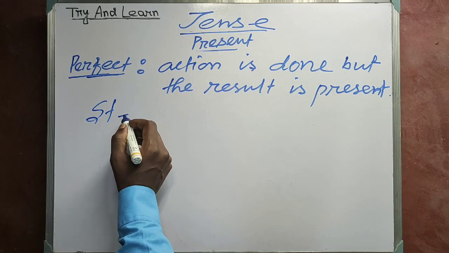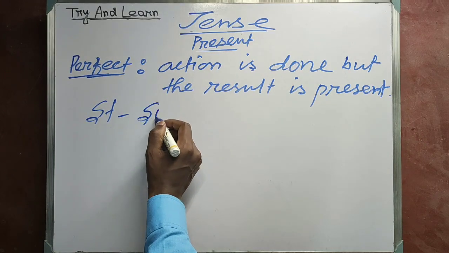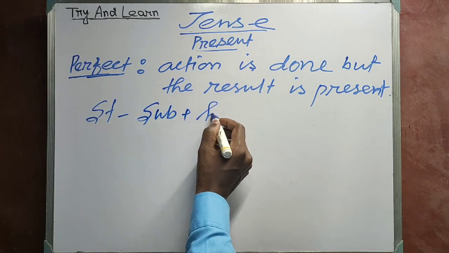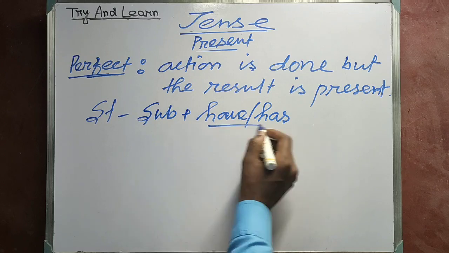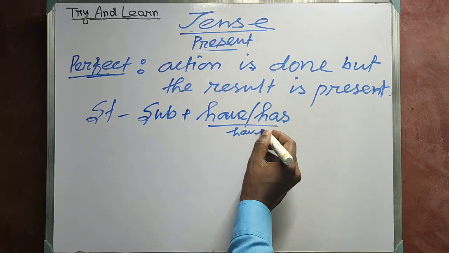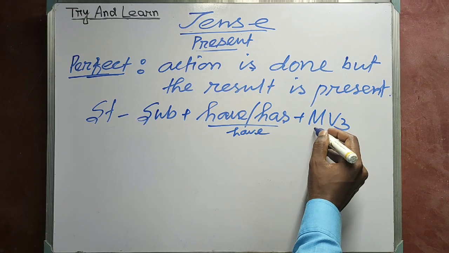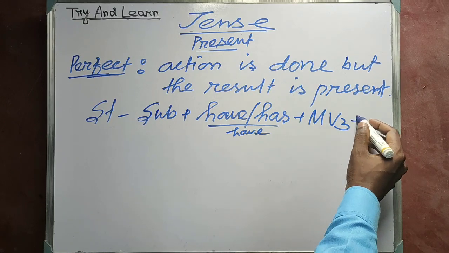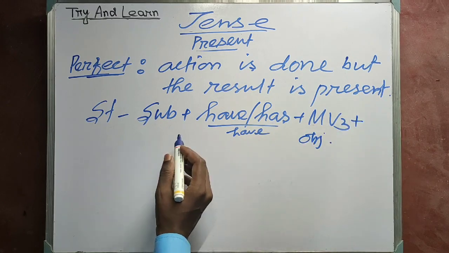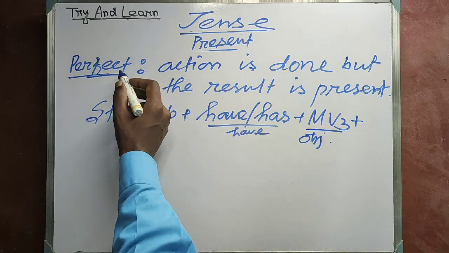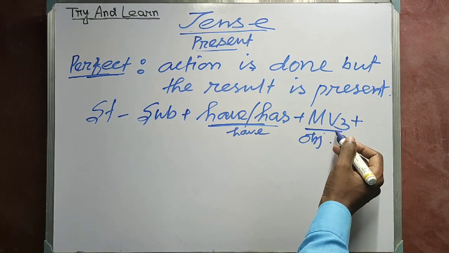The structure: first subject plus have or has, means the have verb, plus MV3, means main verb in past participle form, plus object or complement. Remember, in perfect tense have verb and main verb third form is used.